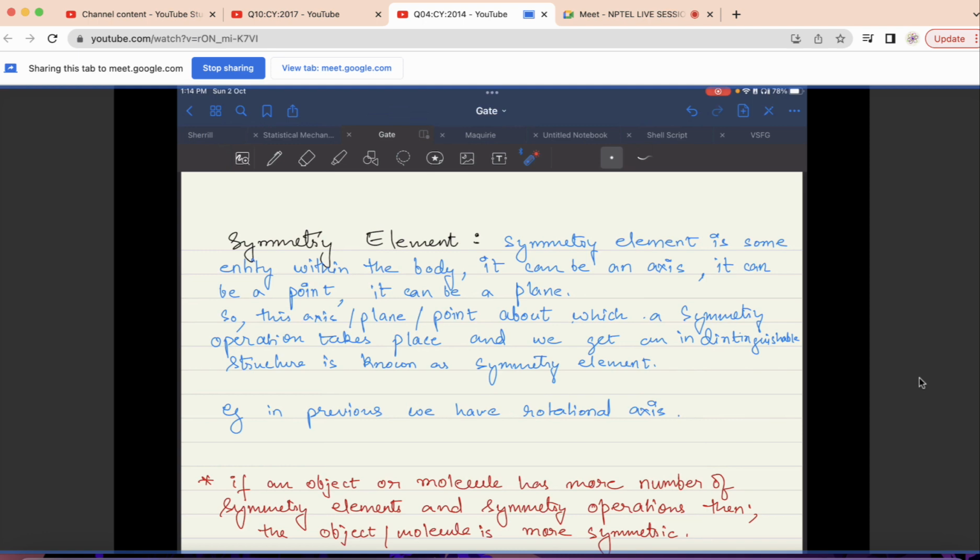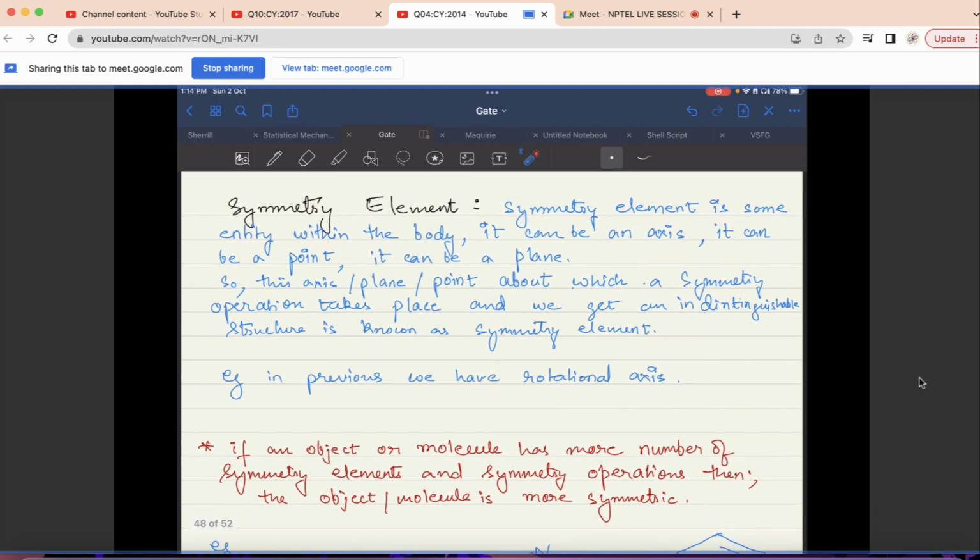So we have the symmetry element and we do the symmetry operations and find out the different indistinguishable or identical structures we can get. The more identical or indistinguishable structures we get, the more symmetry there is in that particular molecule or structure.